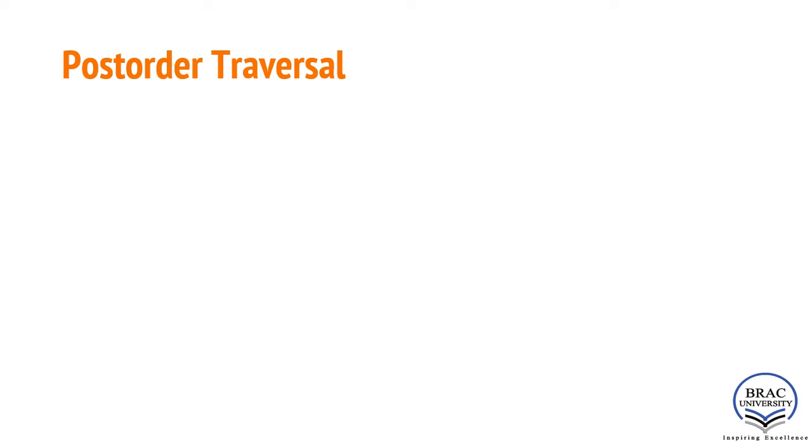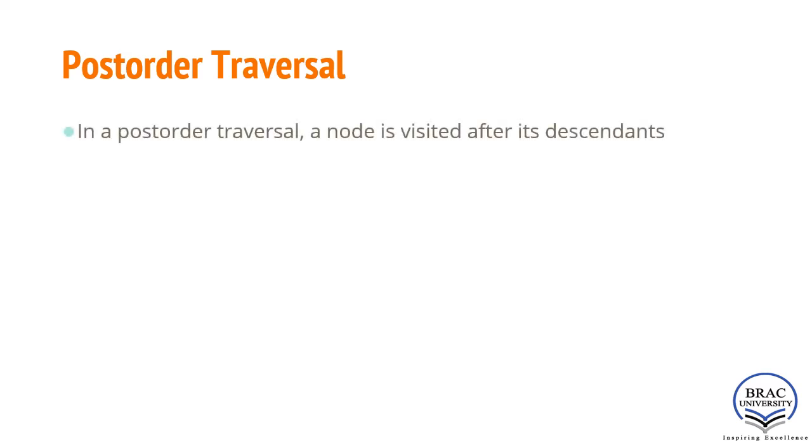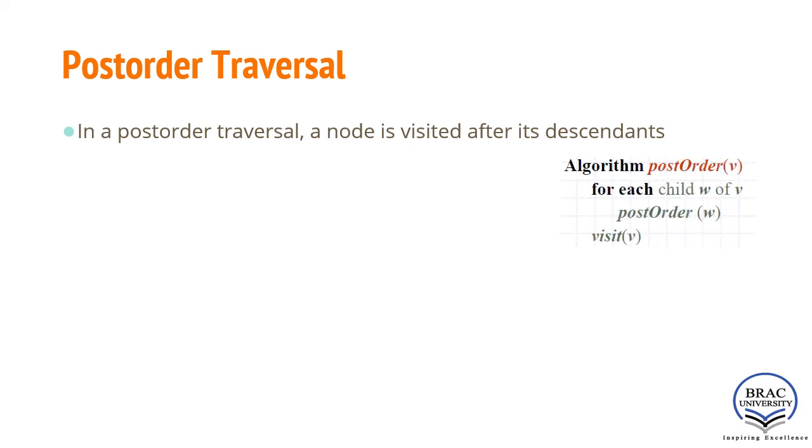So in a post-order traversal, a node is visited after its descendants. So all its descendants will be visited first, and after that, the root will be visited. So this is the algorithm for post-order traversal.